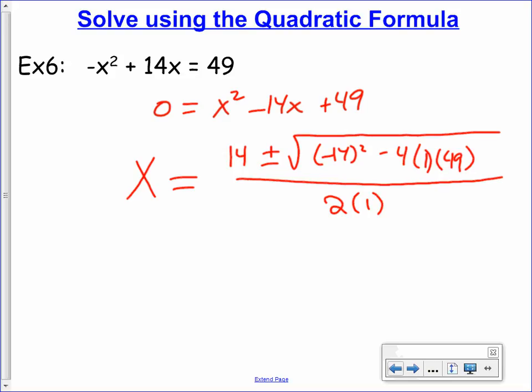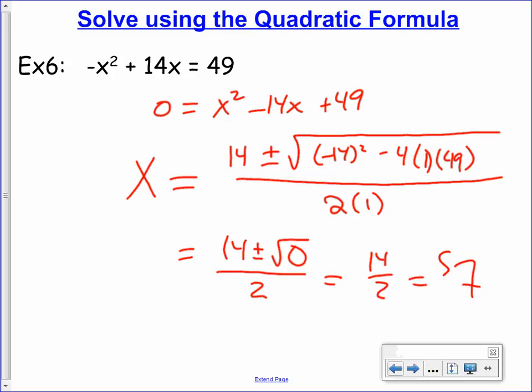And what is in that square root? It's a big fat 0. The discriminant is 0, so that's the same thing as adding and subtracting 0, which is the same thing as nothing happens to that 14. 14 divided by 2 is 7. 7 is the final answer.